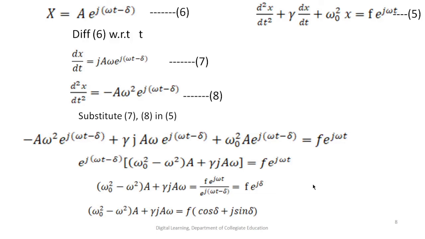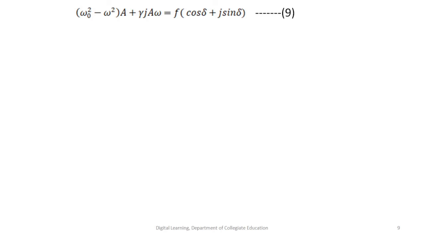So we know that e power i theta is cos theta plus i sin theta. Here in place of i we have j, and in place of theta we have delta. So this can be written as cos delta plus j sin delta into f is equal to omega naught square minus omega square into a plus nu j a omega. Call this equation number 9.